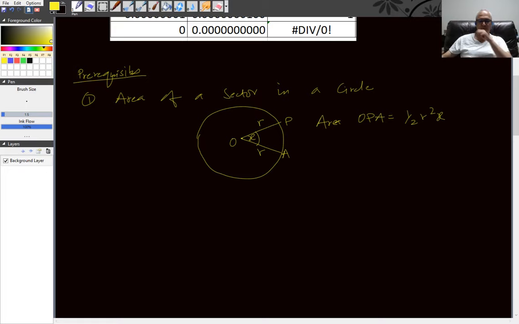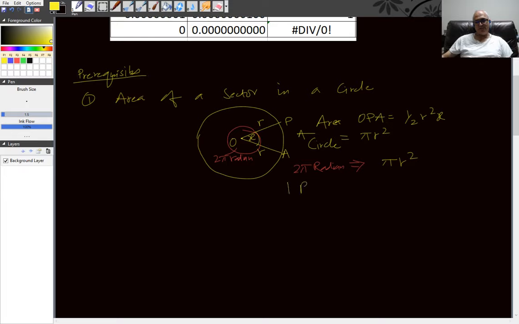Let me show you the proof of this very quickly. You know that the area of a circle is pi r square, and you know the angle that it makes at the center is 2 pi radian. So 2 pi radian is equivalent to pi r square.